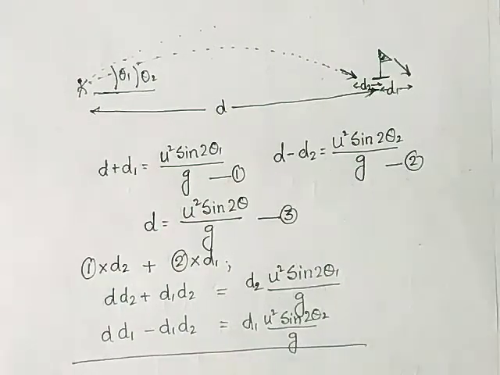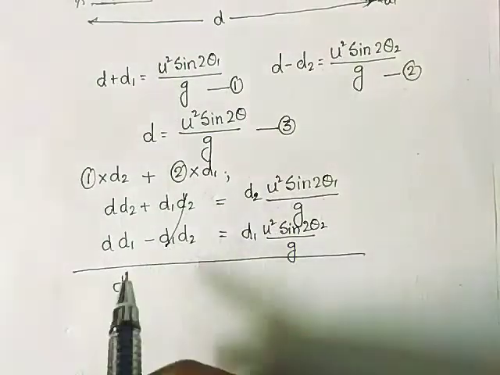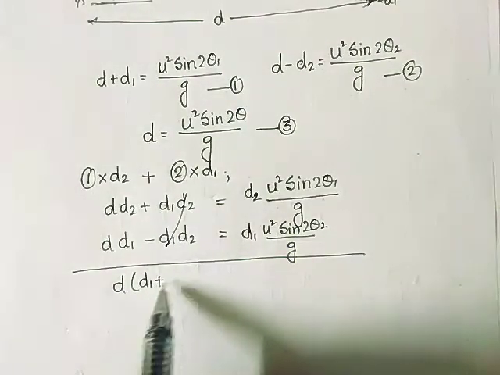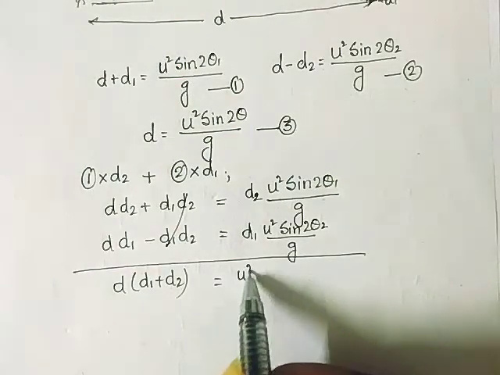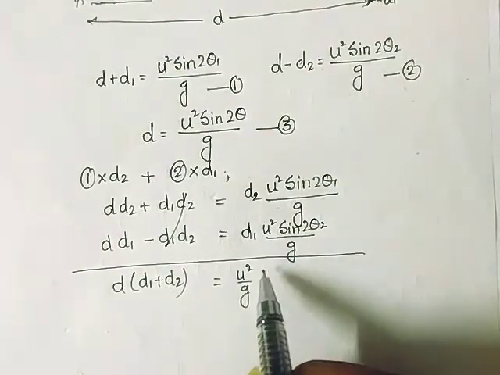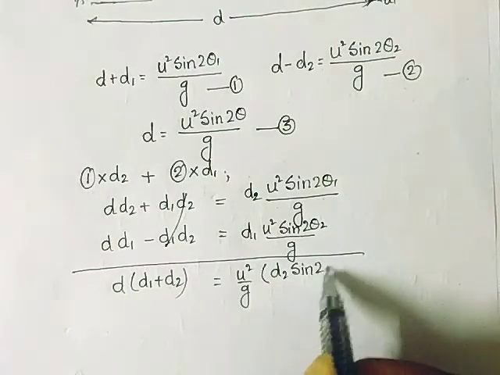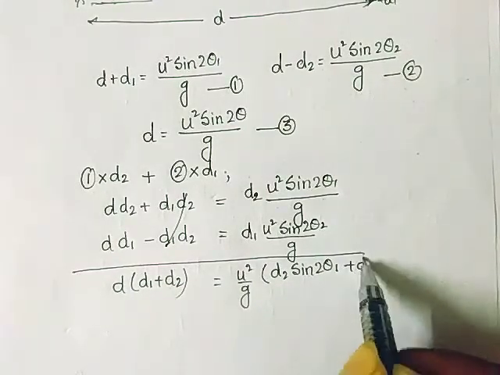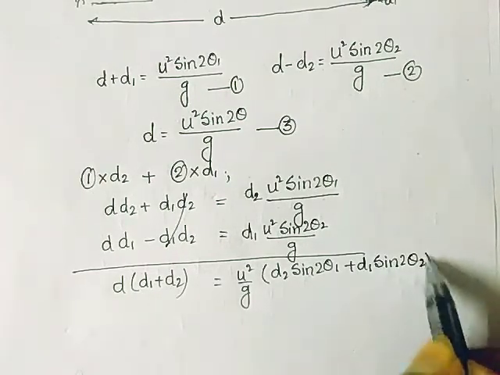If I add these equations, just see, these terms cancel out and it will be d times d1 plus d2. From here, if I take u square by g common, it will be d2 sine 2 theta 1 plus d1 sine 2 theta 2.